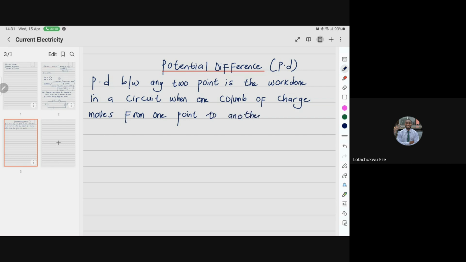All right, so that's your potential difference, and we measure this potential difference using your voltmeter. So PD, in terms of measurement, we use our voltmeter.